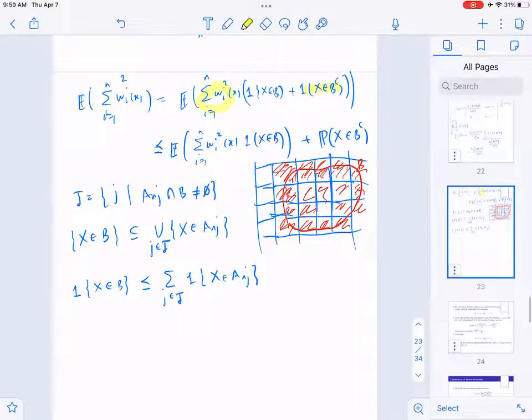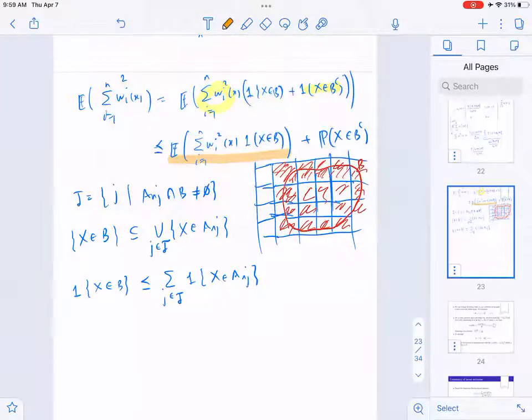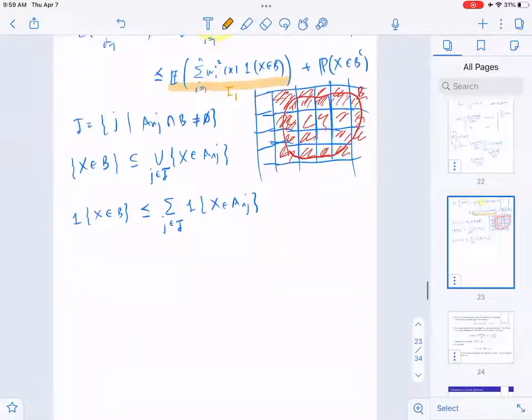I'm going to call this I1. So I1 is bounded by this upper bound: plug this in here and then pull the sum out.